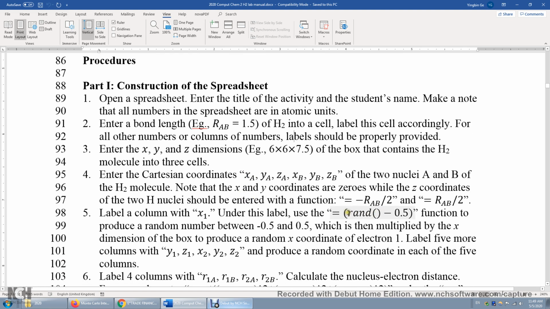We will use this random equation, equals RAND, embedded in Excel. This will generate a number between 0 and 1. So this RAND function minus 0.5 will generate a number between negative 0.5 and positive 0.5.